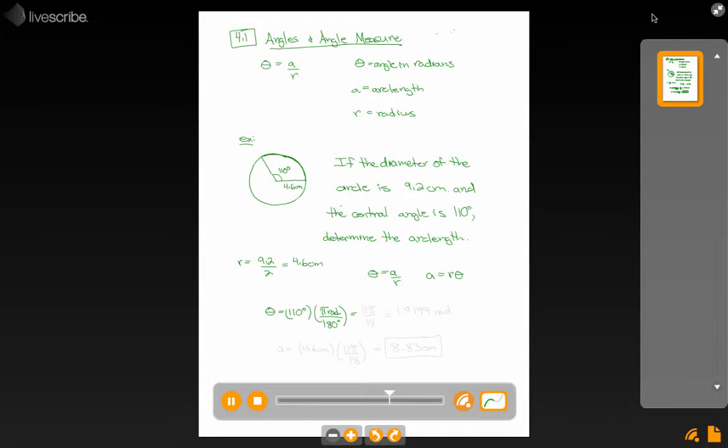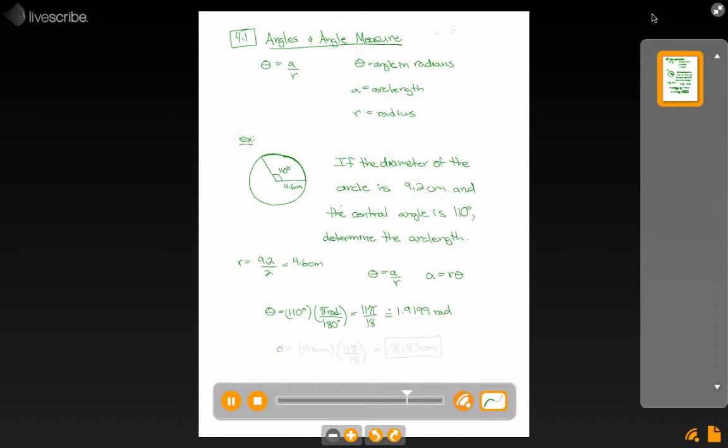If you keep exact values, which you can for the moment, you'll have 11 pi over 18 radians, or if you did multiply the pi in there and say what is 11 times pi divided by 18, you're going to get approximately 1.9199 radians, roughly.